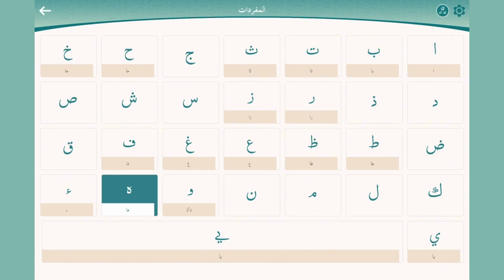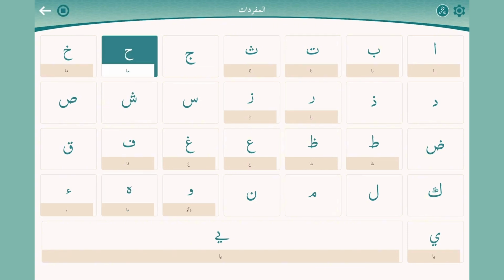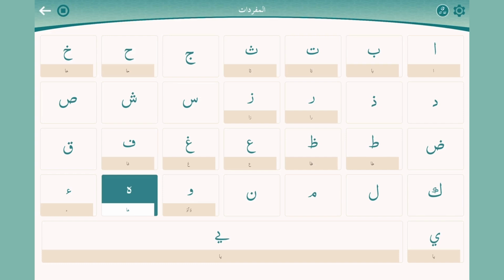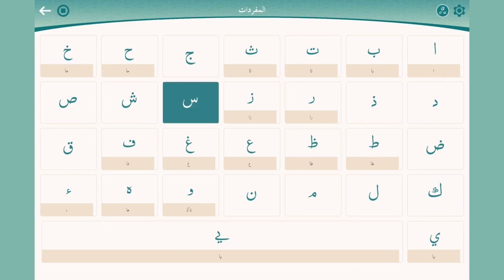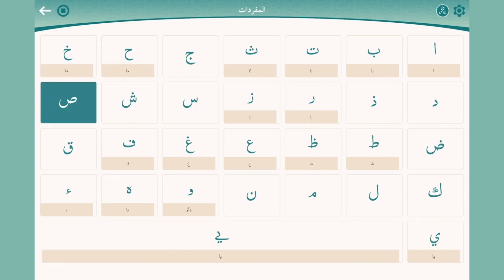Now, I need to tell you that there are some letters, they're called mutashabihat, but you don't need to know about that. They sound the same, but they're not the same. Like Sin and Sad. Now, they're both different.